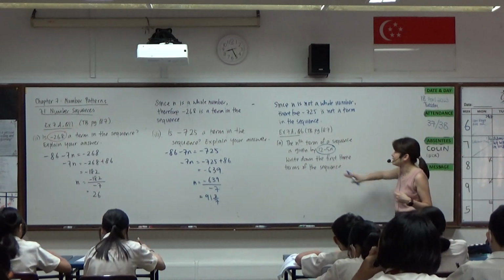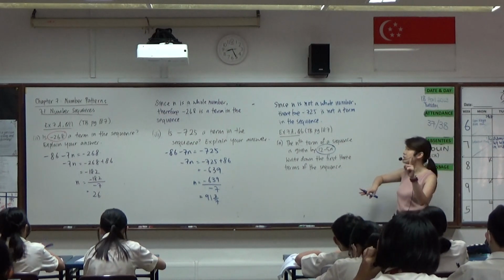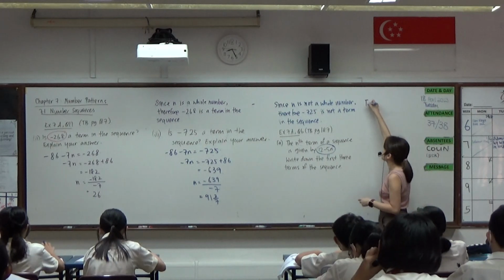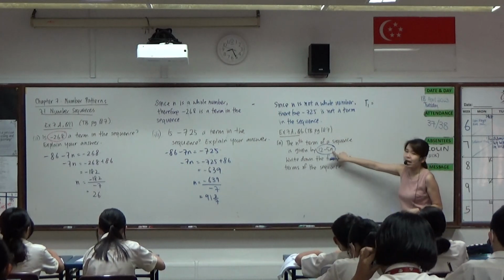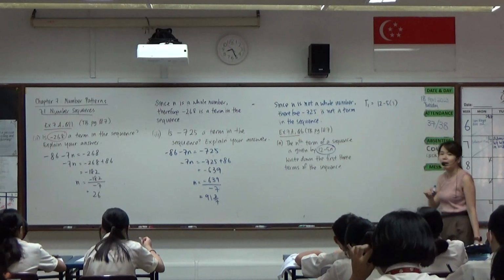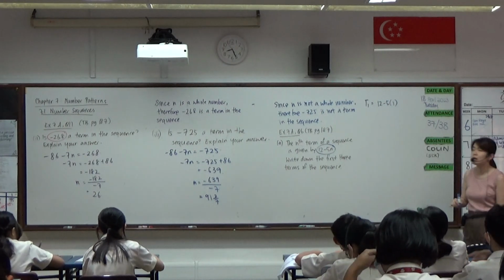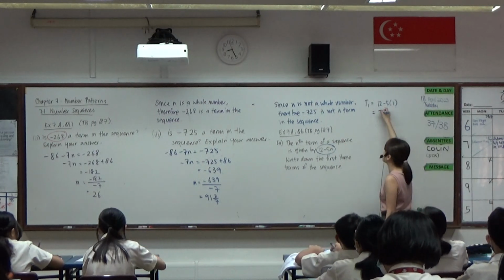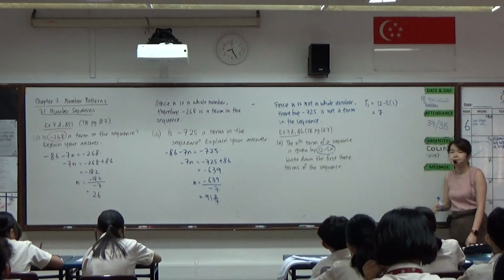So we want to write down the first three terms. The first term itself, which we call T1, will be such that n is equal to 1. So we replace the n by 1, and then we can use our calculator to calculate that, and we see that the first term is 7.